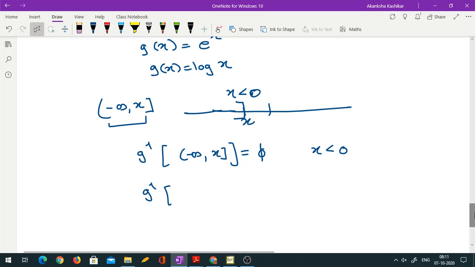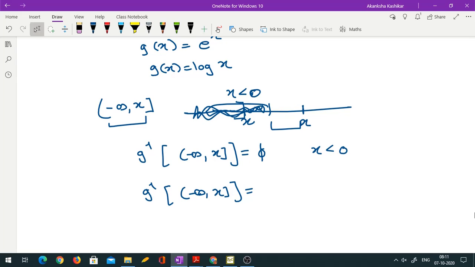Now if x is positive, then what happens? If x is positive, then of course the negative part still doesn't contribute to inverse images. The part from 0 to x contributes. So I need to find all those y's in R such that y square belongs to the interval minus infinity to plus x.